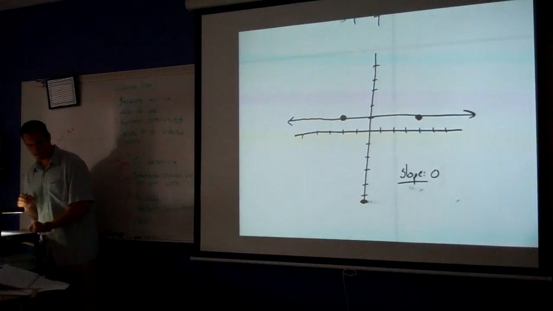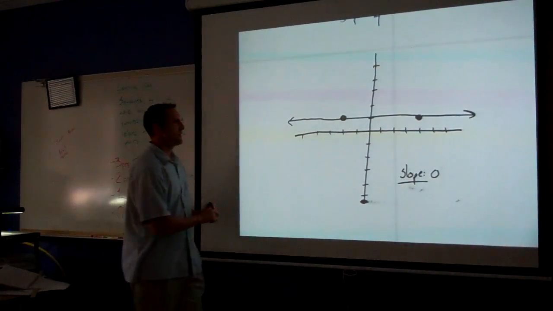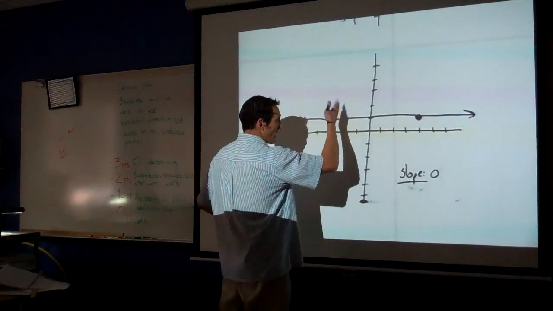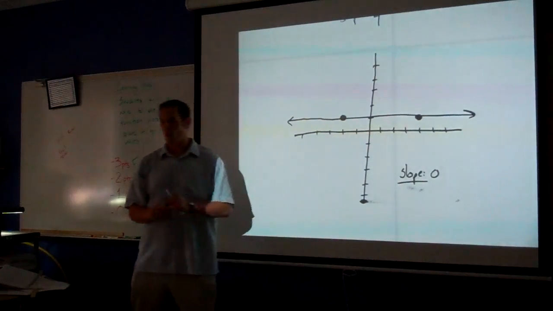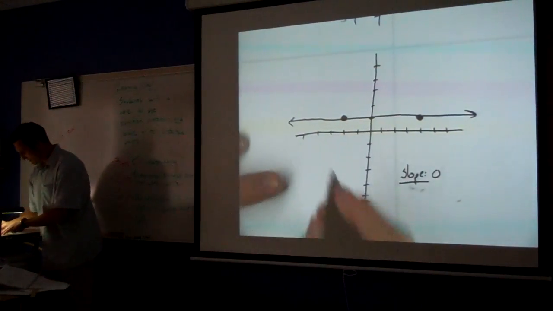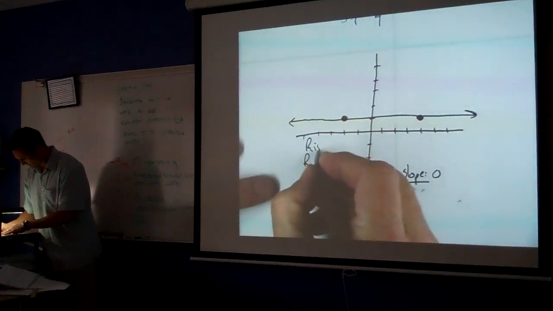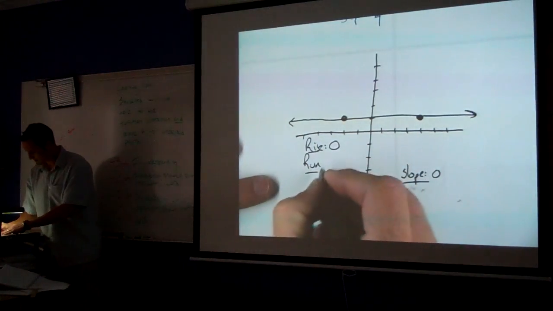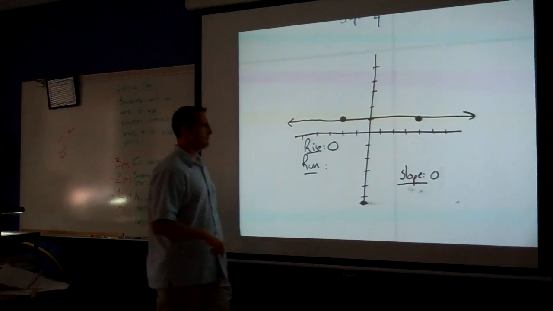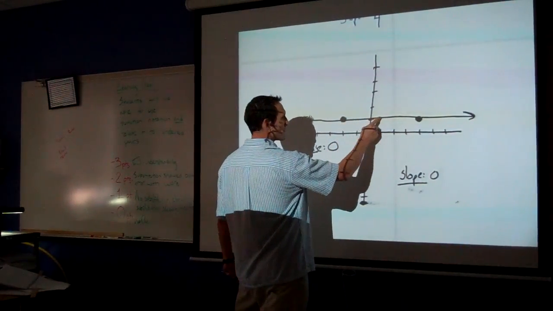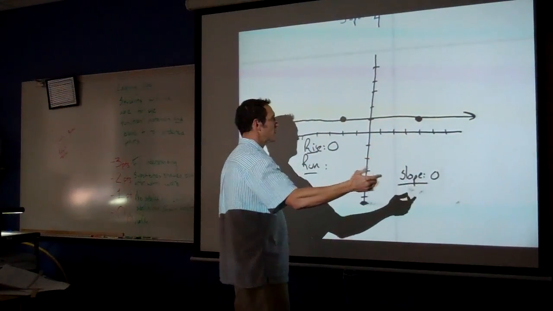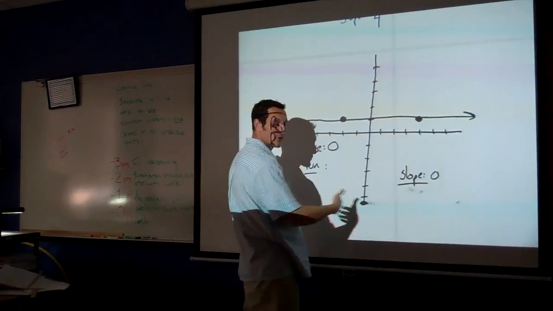The slope is actually 0, but let's showcase that. There is no rise. There's no rise at all. So what is the rise? The rise is actually 0. And what's the run? Now don't tell me the run is 1, 2, 3, 4, 5, 6, because the line goes on forever. The run is who cares.